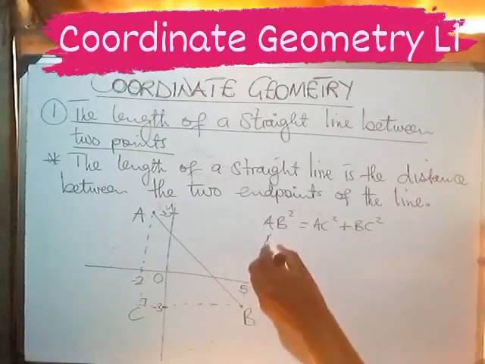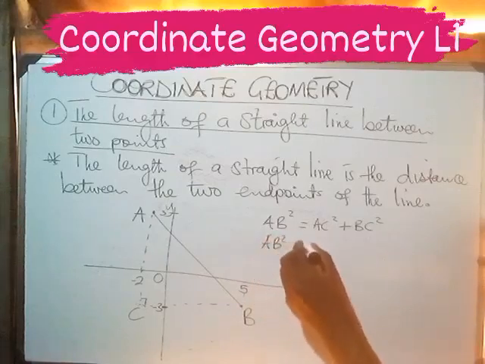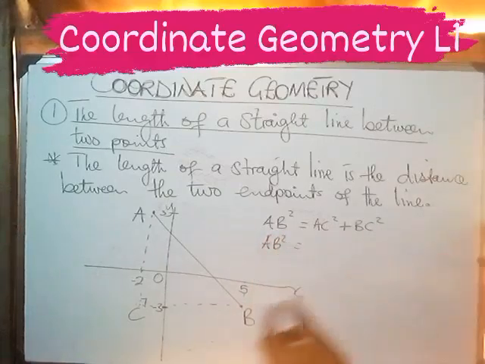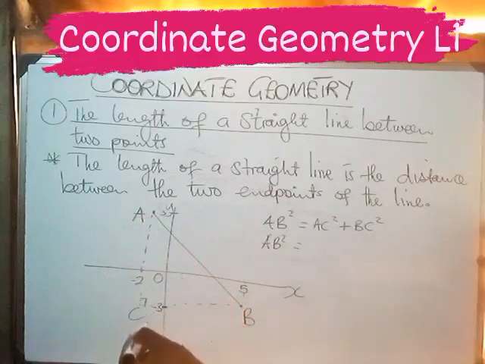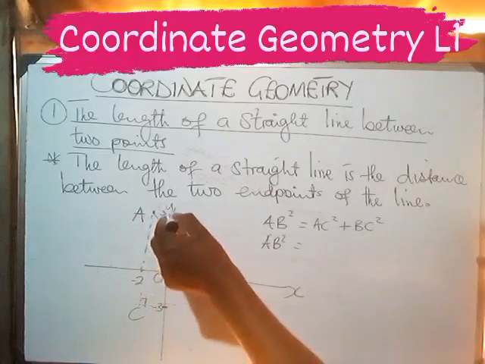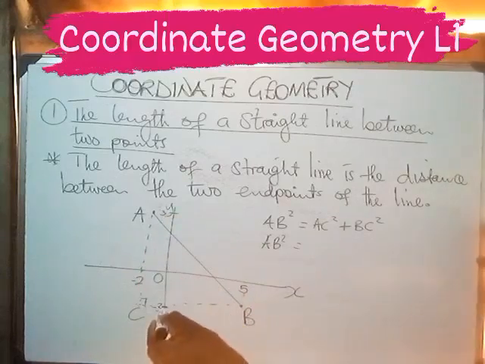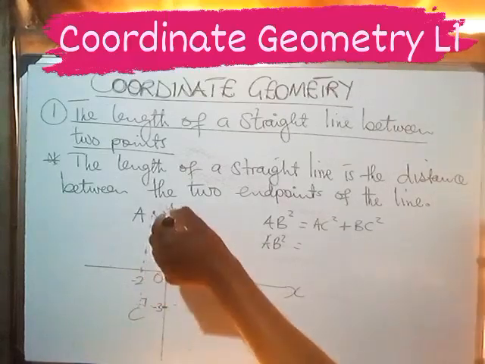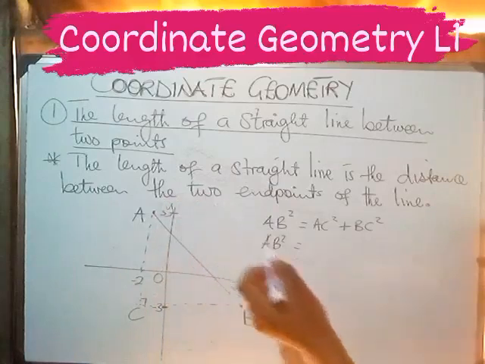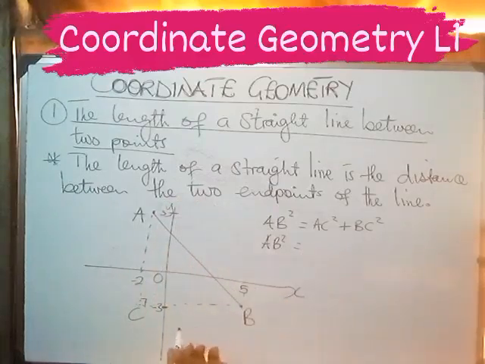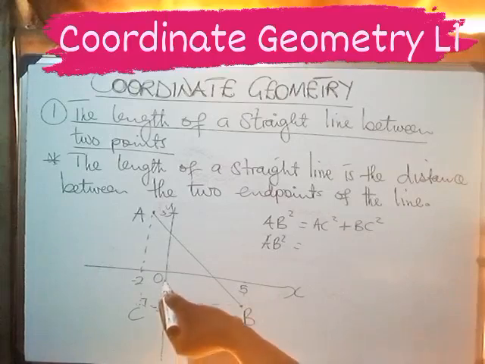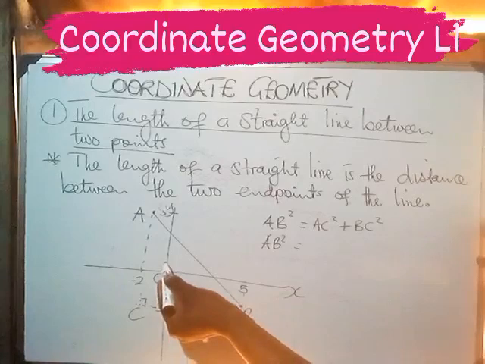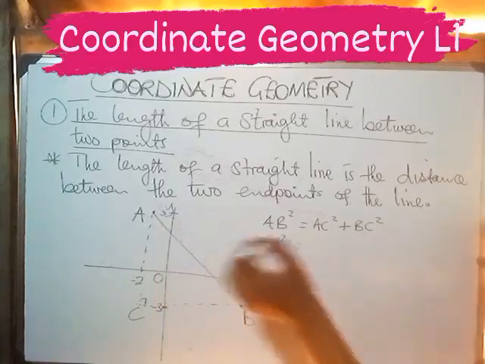So AB squared is equal to, what is our AC? From A to C, meaning we are moving from this point up to that point. This is -3 and this is +3. So how many steps are there? From -3 to -2, then -1, then 0, then +1, +2, +3.